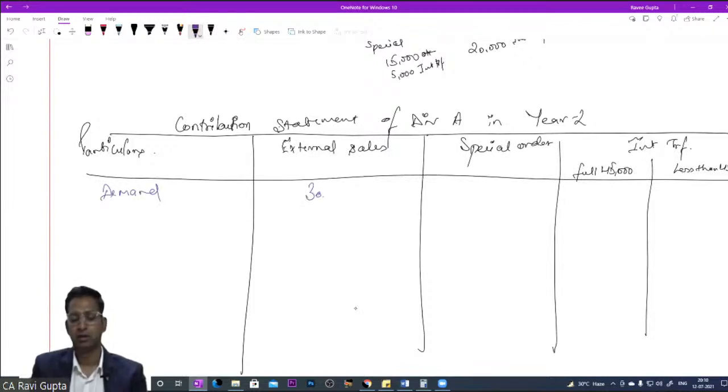Demand: we have 30,000 units as demand in external sales, 15,000 units demand as special order, and here we have demand of 45,000 units.